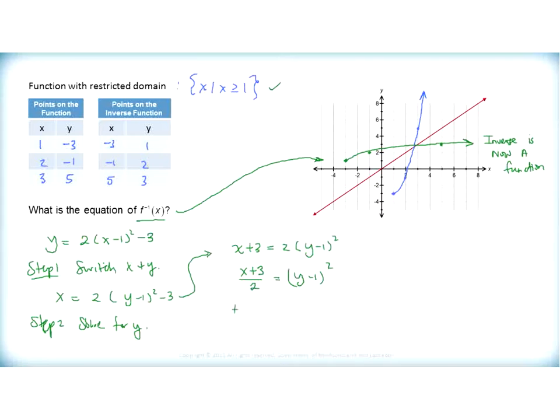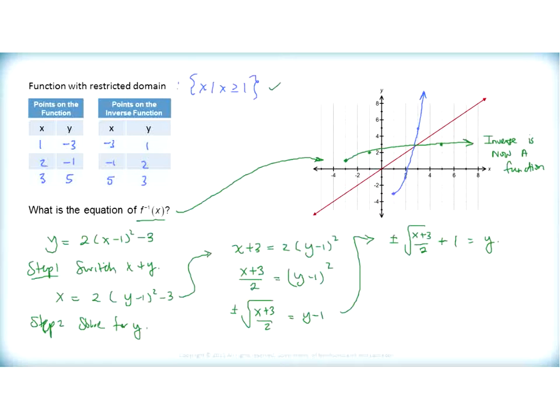Now to get rid of the square on the right side, I take plus or minus the square root of the other side. And to solve for y, I simply need to bring the 1 over. Sorry, I left out the 1 there. It's plus 1 equals y. So there's the equation of the inverse.